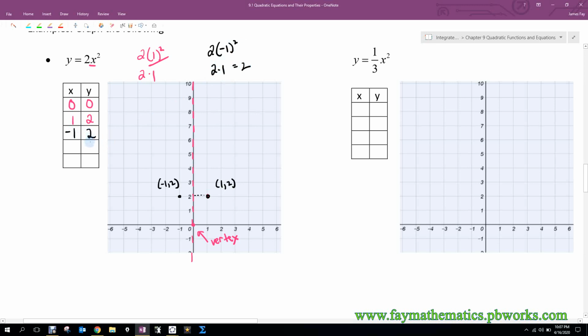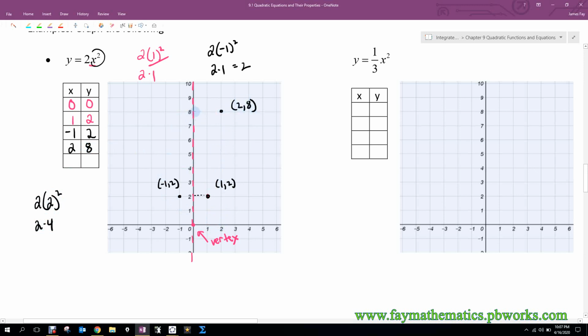Try another one. Let's plug 2 in here. If I use an x value of 2, you would have 2 times 2 squared. So 2 squared is 4, so I have 2 times 4, which just gives me 8. So (2, 8) would be another point.